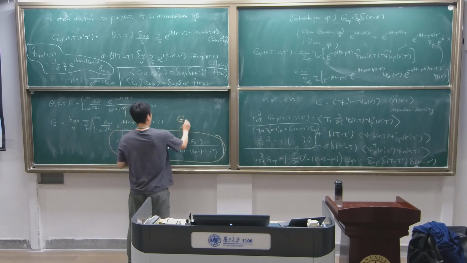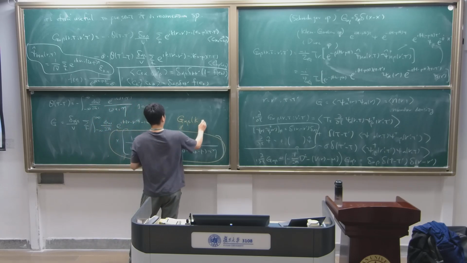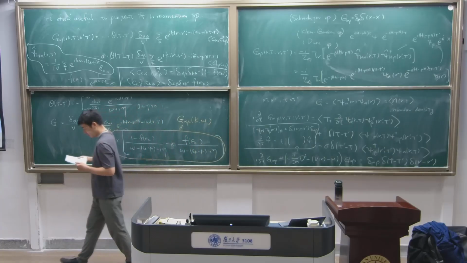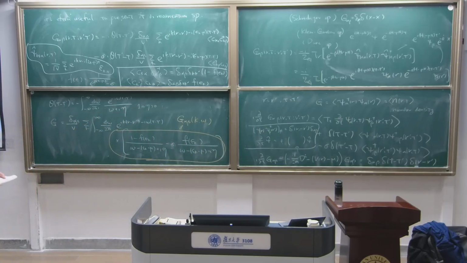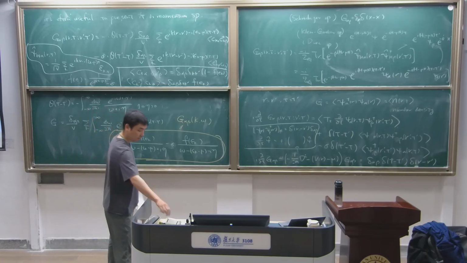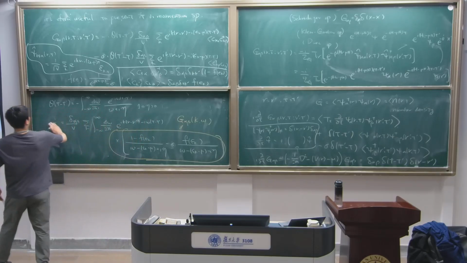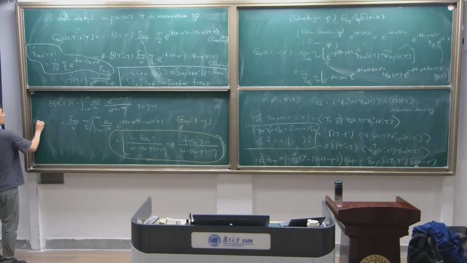It's in momentum space. It used to be G_αβ, the time-ordered expectation value.